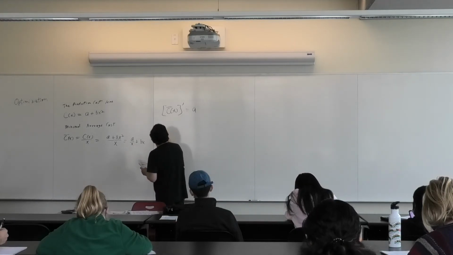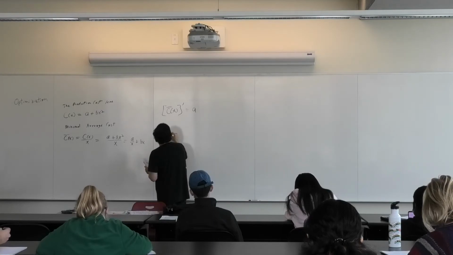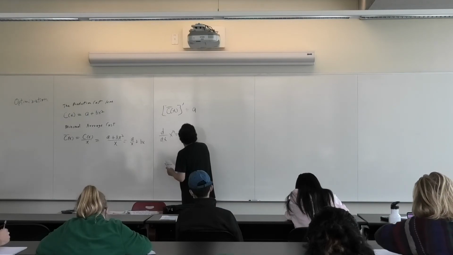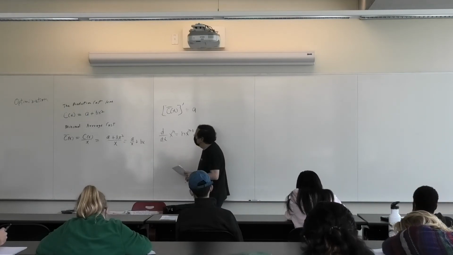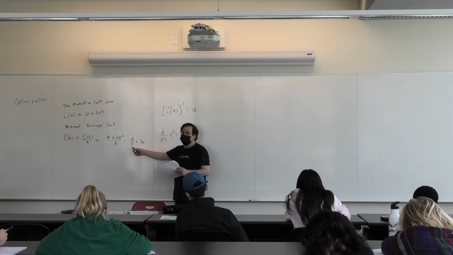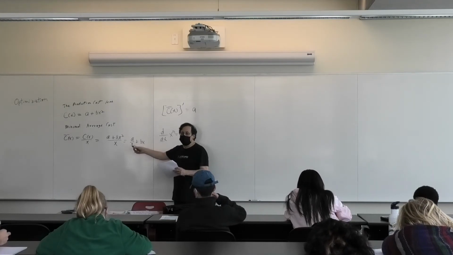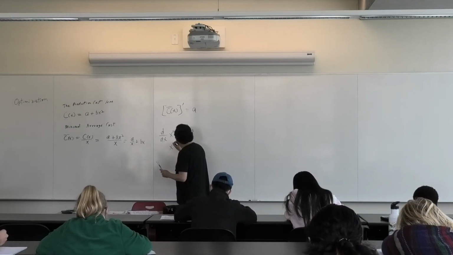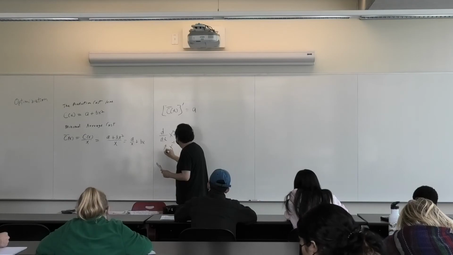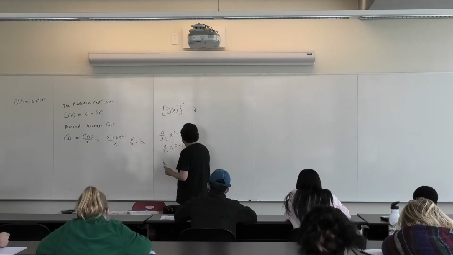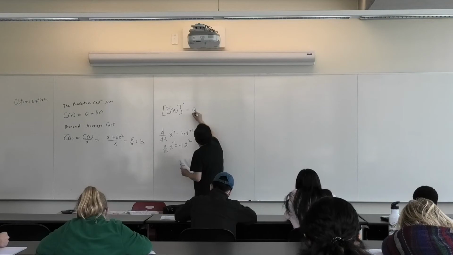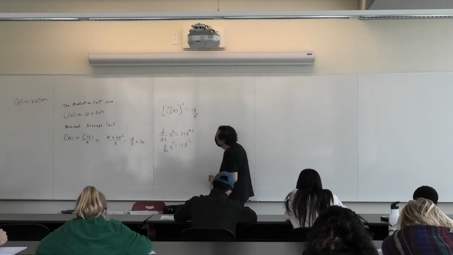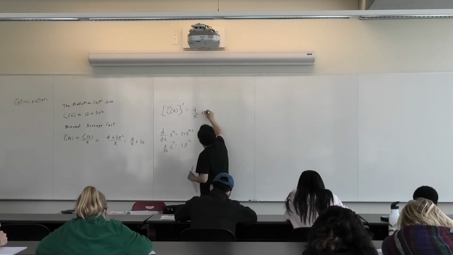The derivative of x to the n is n times x to the n minus 1. So here n is minus 1. So the derivative of x to the minus 1 is minus 1 times x to the minus 2. So it's just negative a over x squared plus bx.